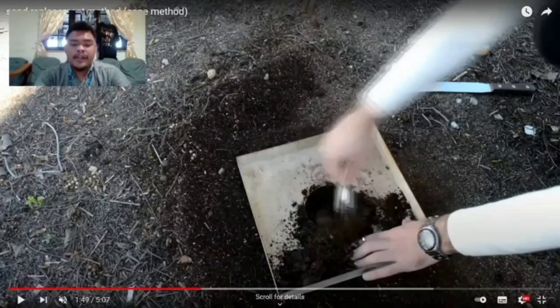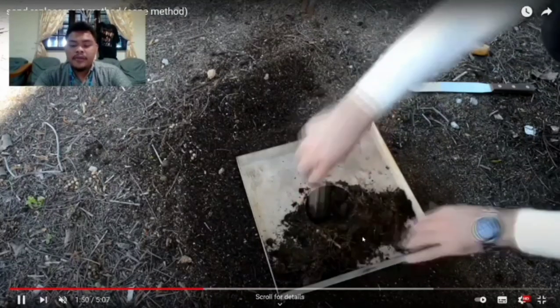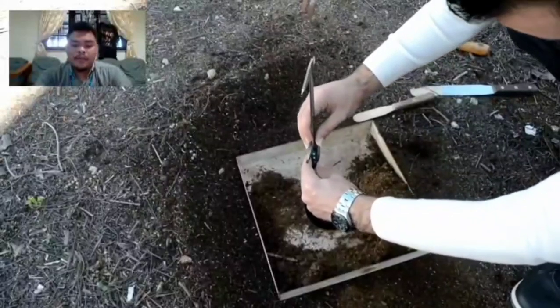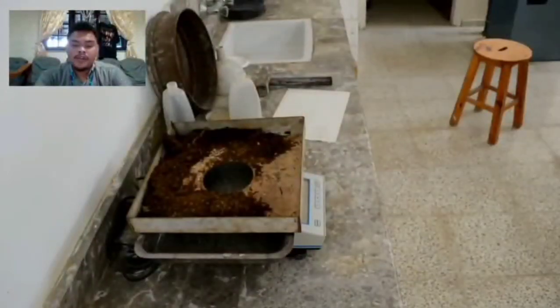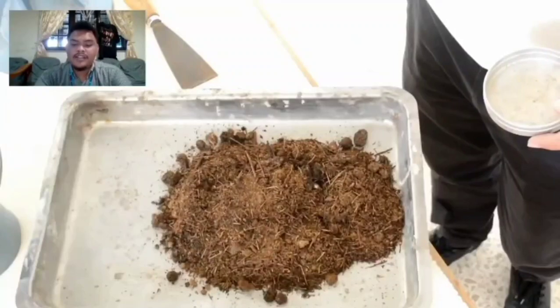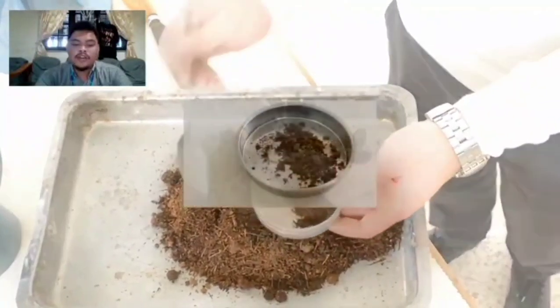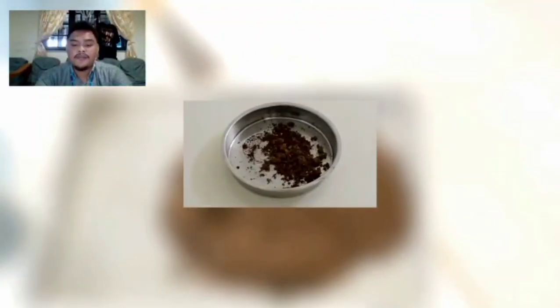Second, dig a hole of 150 mm deep by 100 mm diameter. Weigh the soil which was dug out from the hole. Make sure no soil is left in the dredge or falls into the hole. Take some of the soil to determine the moisture content by using an oven.